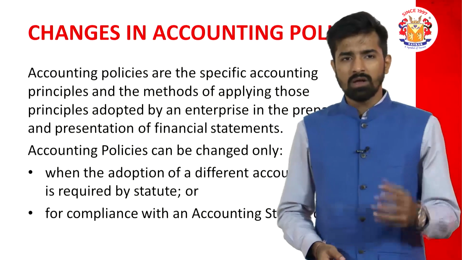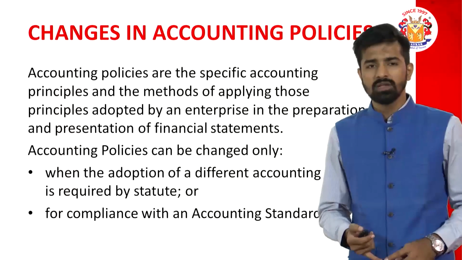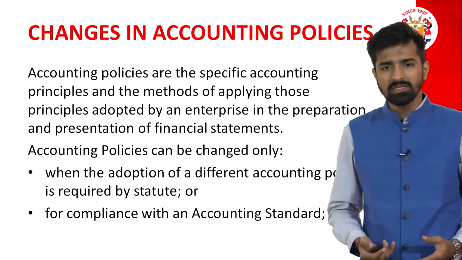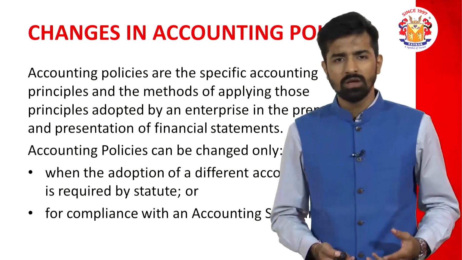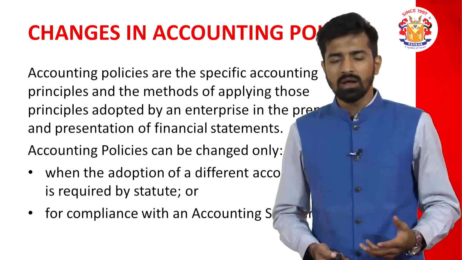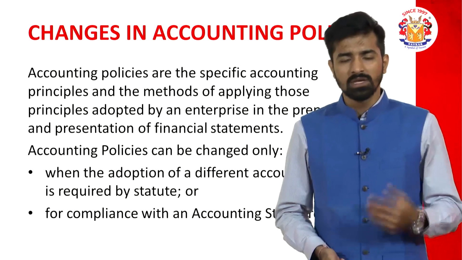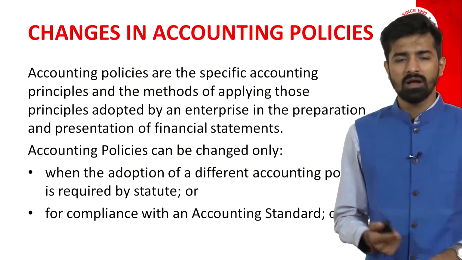Now we know that an accounting policy can be changed only in 3 circumstances: when the adoption of a different accounting policy is required by the statute, that is by law. By law, the law says that you have to take another accounting policy to prepare your financial statements. The next one is for compliance with accounting standard, that is by accounting standard.